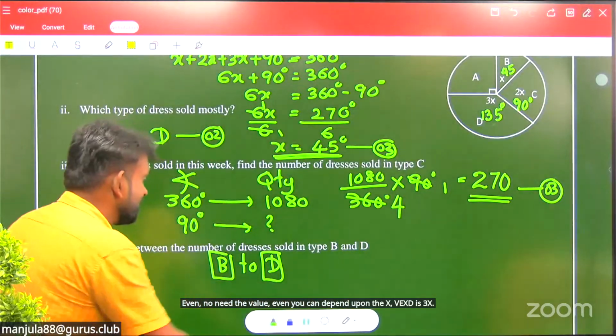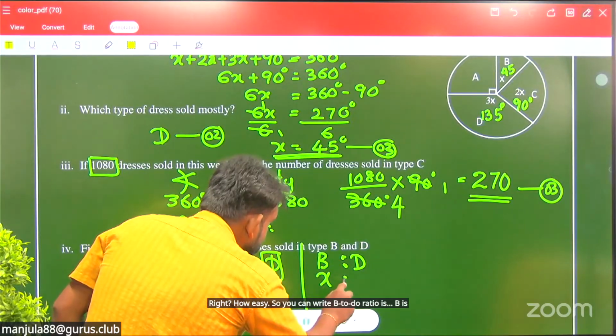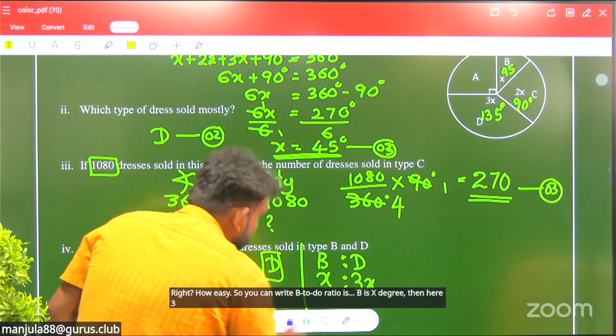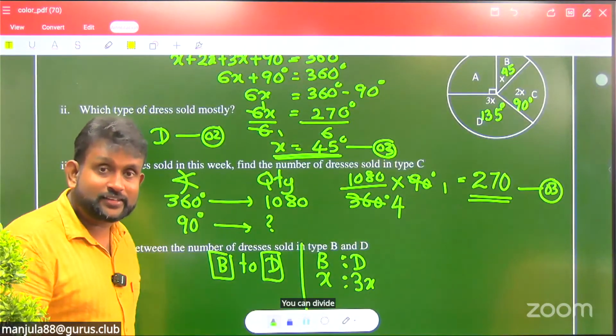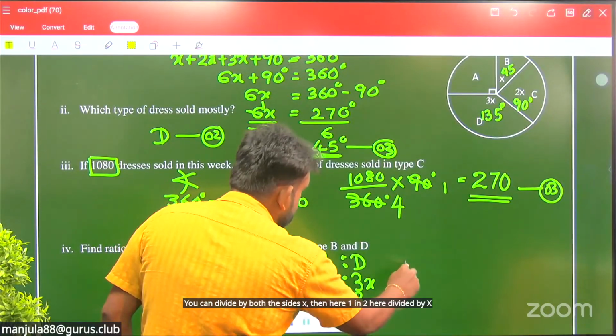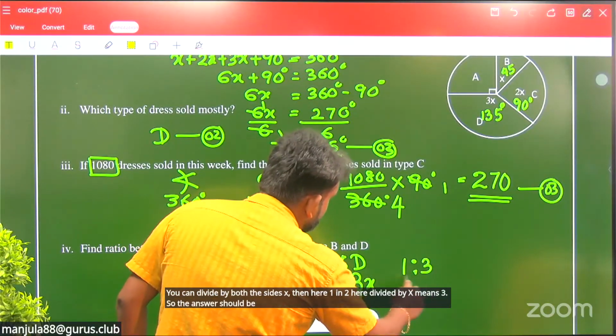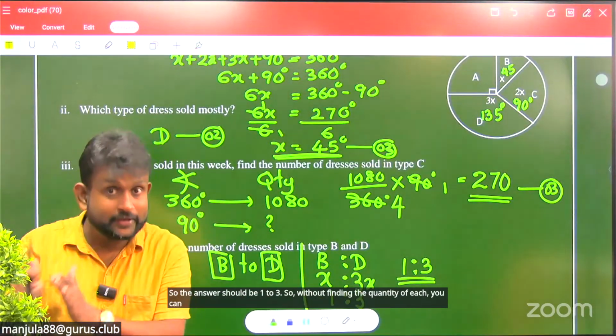So you can write the B to D ratio as x degrees to 3x. You can simplify the ratio by dividing both sides by x, then 1 to 3. So the answer is 1 to 3. Without finding the quantity of each, you can depend upon the angle-wise ratio.